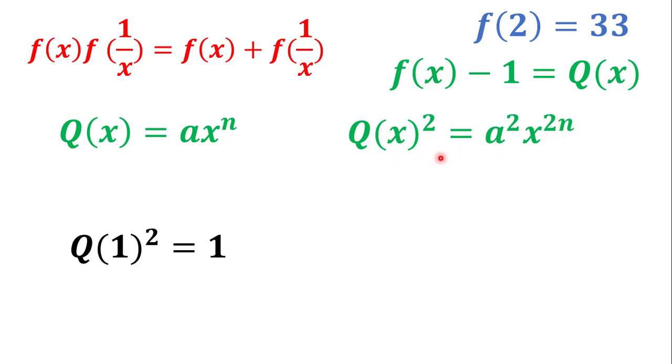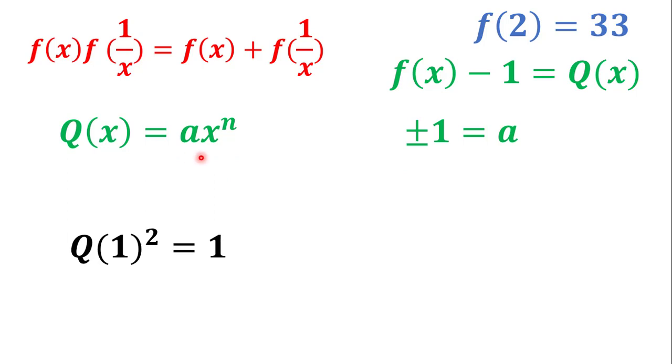If we replace x by 1 in this equation, we're going to get q of 1 to the power 2 equals a squared. A squared equals 1, and a is going to be plus or minus 1.